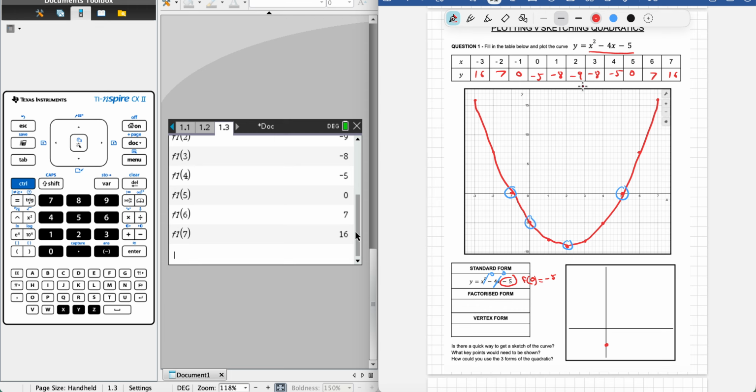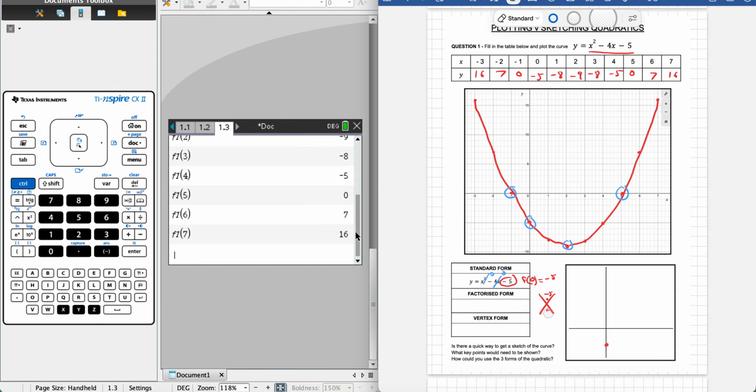Next thing I'm going to need to do is factor this out: x squared minus 4x minus 5. In order to put this into factored form, we can do our crossroads method. So I need to think, what are two numbers that multiply to -5 and add to -4?